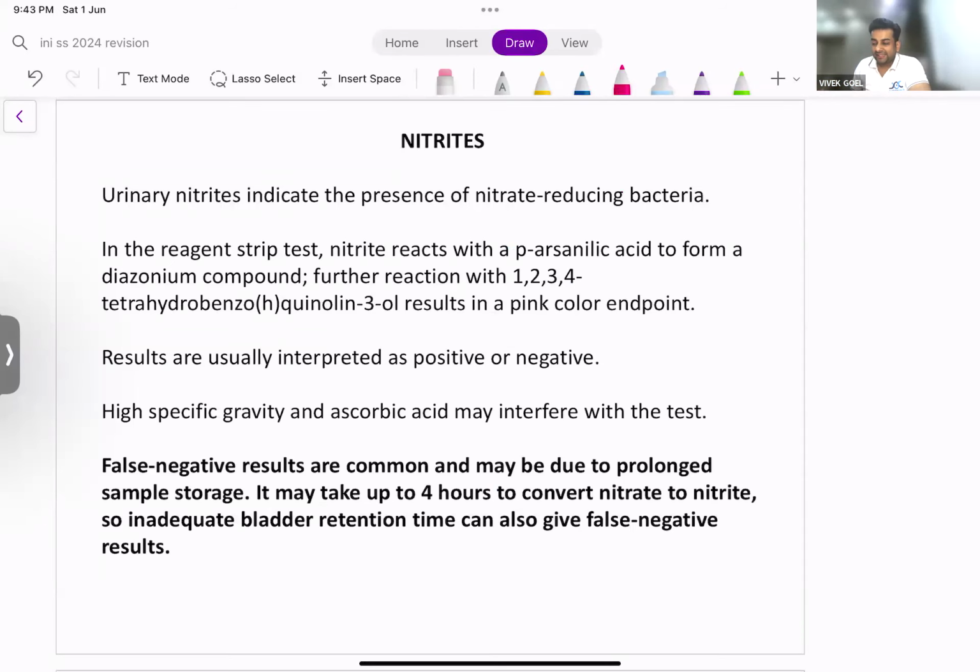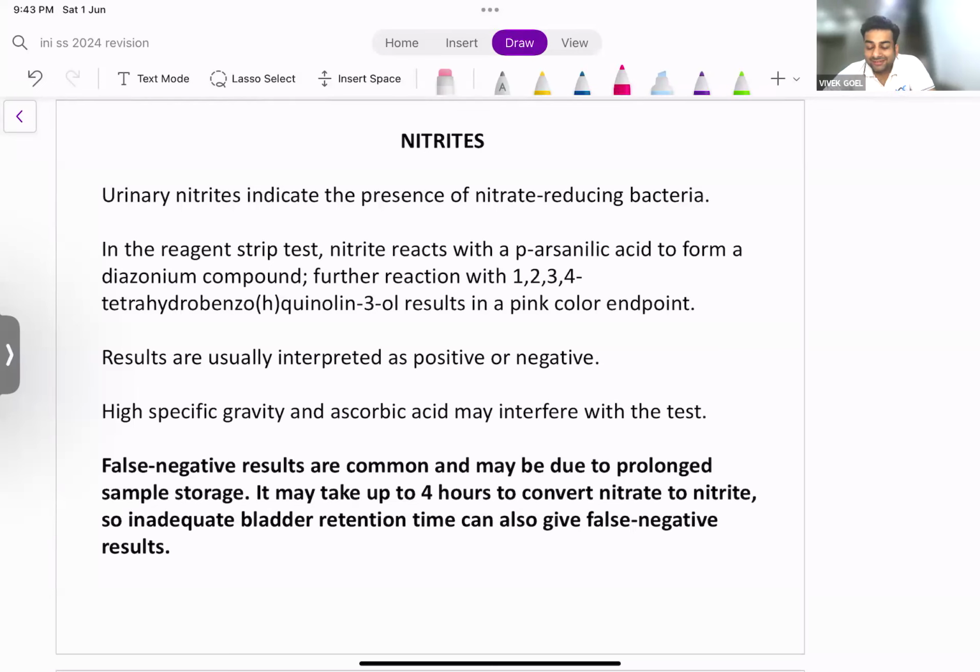So basically, there are certain bacteria that reduce the nitrates and form nitrites that react with the chromogen to form a colored product. So this actually detects the presence of nitrate reducing bacteria, unlike the leukocyte esterase test.